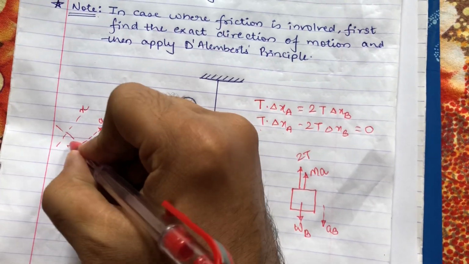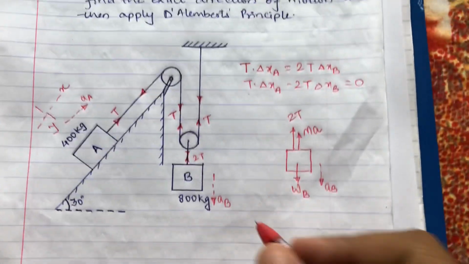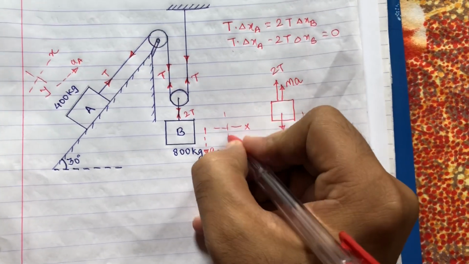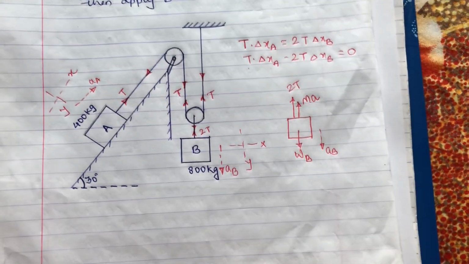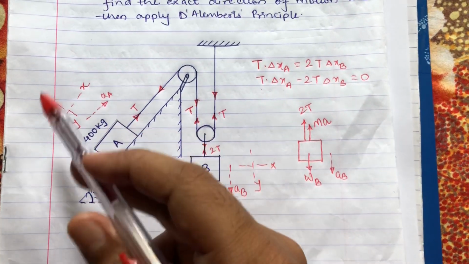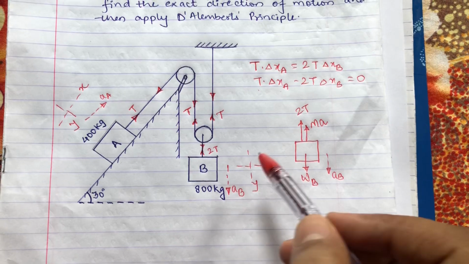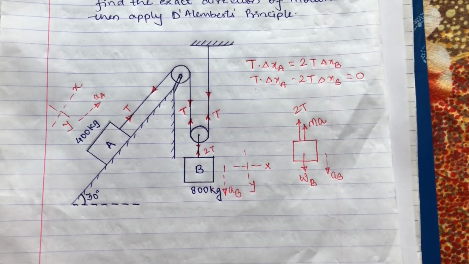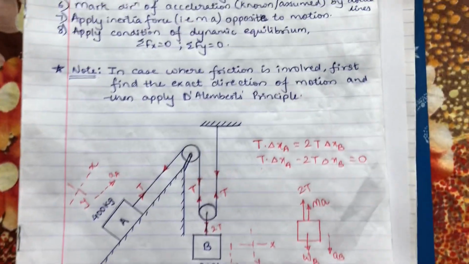This is taken x and this is taken y. But for this, we'll fix x like this and y like this. Please keep it in mind. Before starting with any of the bodies, you have to finalize the coordinate axis, and this is the part we were talking about in the previous working rule. I hope you understood this.